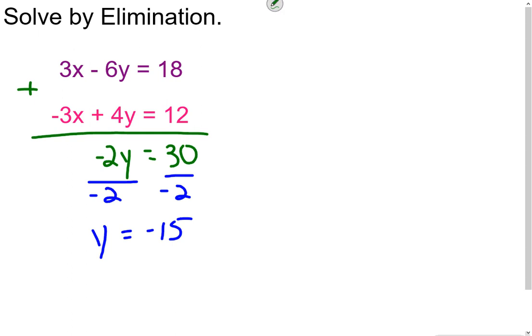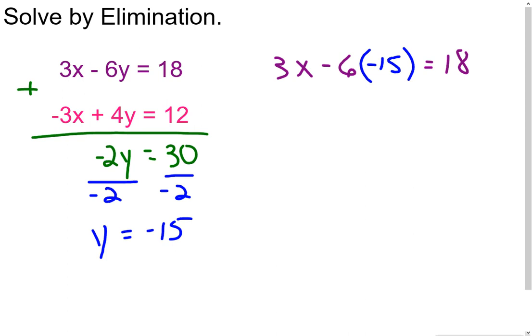I'm going to stay color coordinated. I have 3 times x, I don't know what x is, minus 6 times y, but my y value I now know is -15, and then it's going to equal 18. This is an equation that has one variable, the x, that I can now solve for.